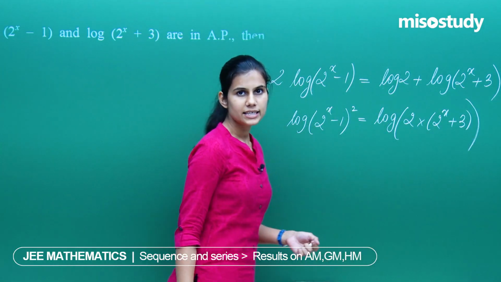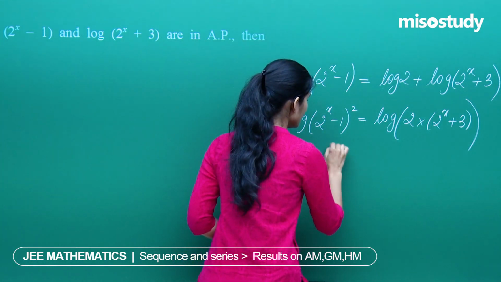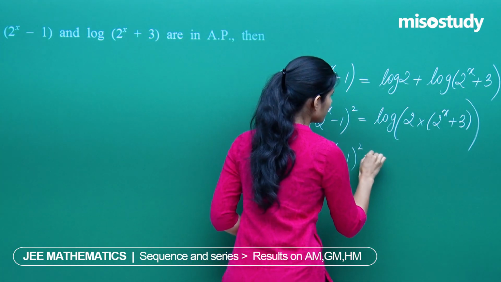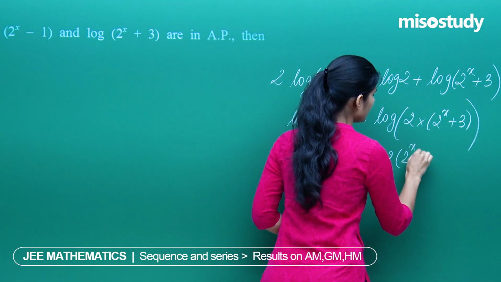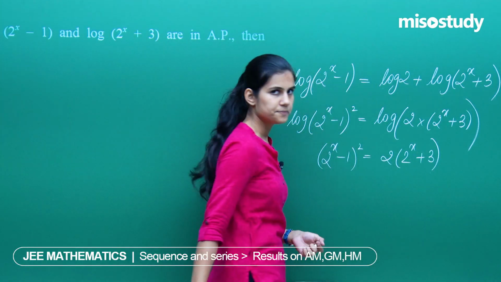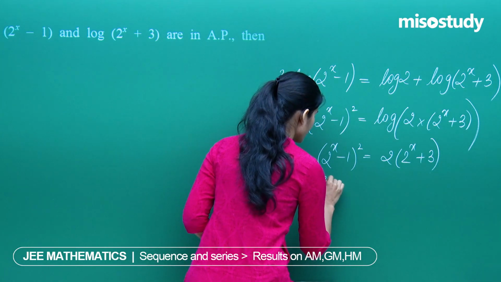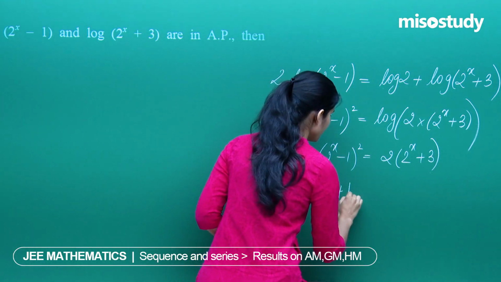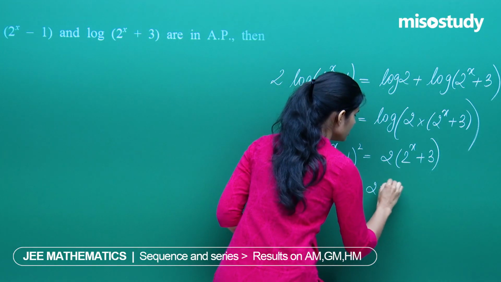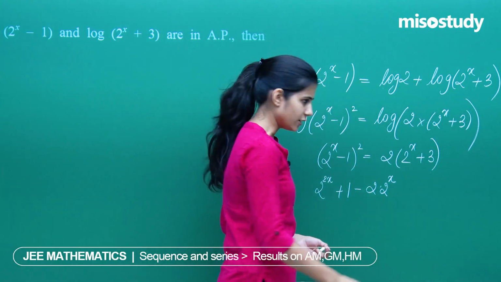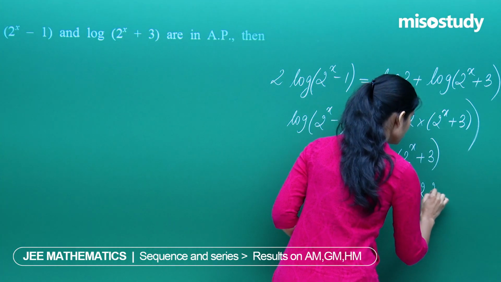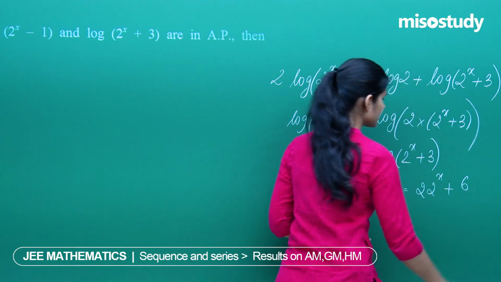You know log to the base e is a 1-1 function, so this implies (2 to the power x minus 1) whole square equals 2 into 2 to the power x plus 3, which means (2 to the power x) whole square, which is 2 to the power 2x, plus 1 minus 2 into 2 to the power x equals 2 into 2 to the power x plus 6.